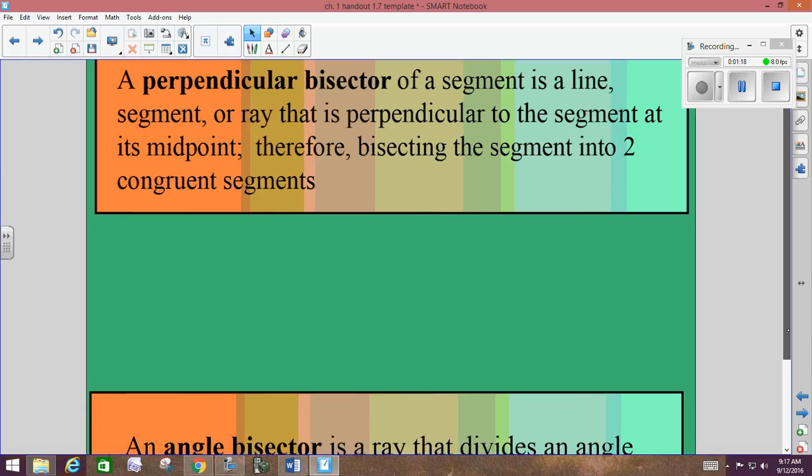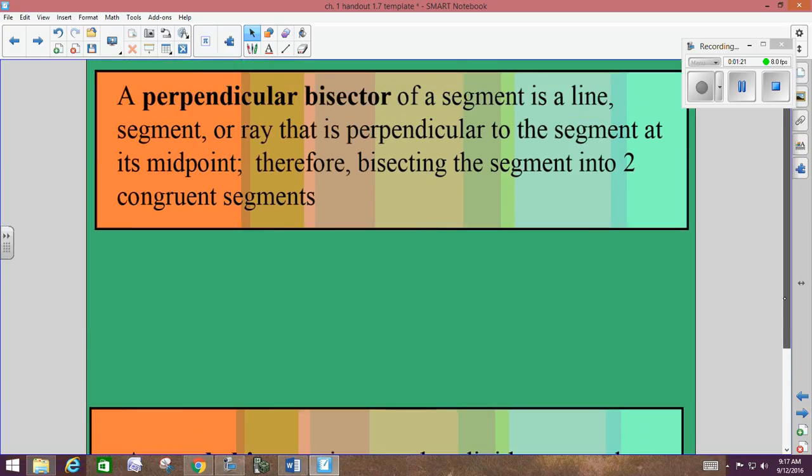The next two words, perpendicular bisector and angle bisector, use the word bisect. The prefix bi means how many? Two. Good. And sect, like if you dissect something in science, what's sect mean? Cut. Sect means to cut. So if you bisect something, you're going to cut it into two equal parts.